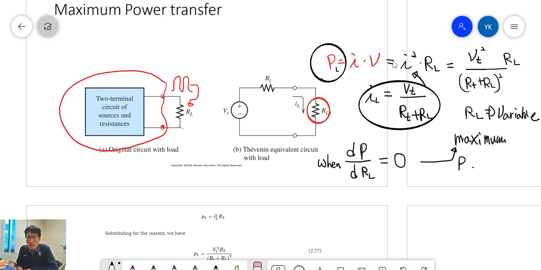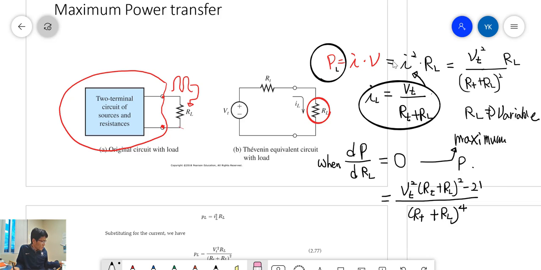So we can differentiate it, then that value will be like (RT plus RL) to the fourth, and according to textbooks, VT squared (RT plus RL) squared minus 2 VT squared RL (RT plus RL) equals 0.